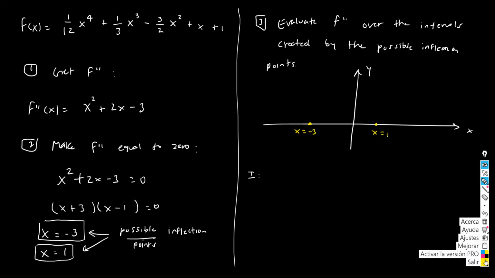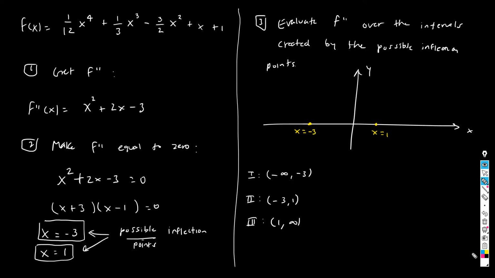So my first interval goes from minus infinity to minus 3, like I said. My second interval goes from minus 3 to 1, and my third interval goes from 1 to infinity. Let's choose some points over those intervals. Let's choose minus 4 for the evaluation, right? Let's choose 0. Always choose 0.